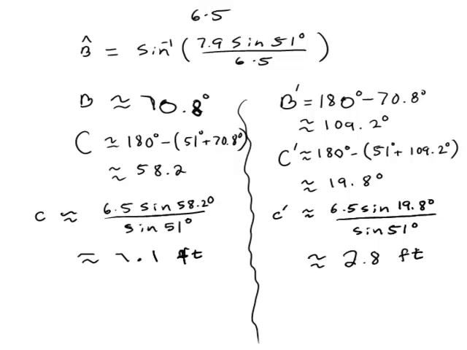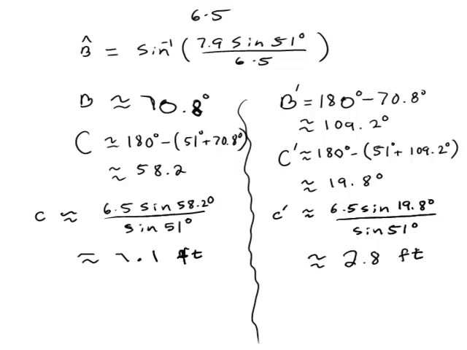So what I do to check this is I just want to verify that everything checks out. And what I mean by that is that the largest side corresponds to the largest angle, the middle side corresponds to the middle angle, and the smallest side corresponds to the smallest angle. Okay, so let's run through it. Let's start with all our B's and C's first.